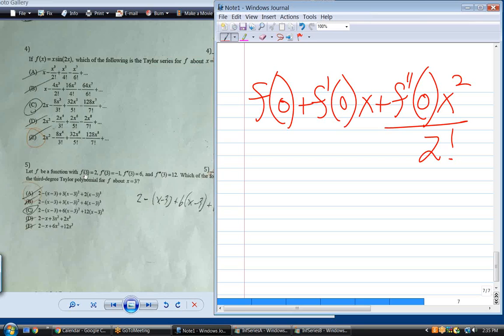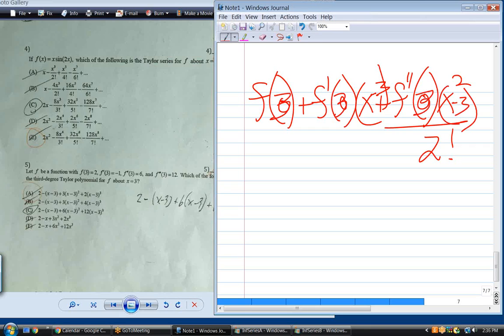Well, excuse me, instead of x, it's x minus 3, since it's a Taylor polynomial, not a Maclaurin, and it's evaluated at 3.